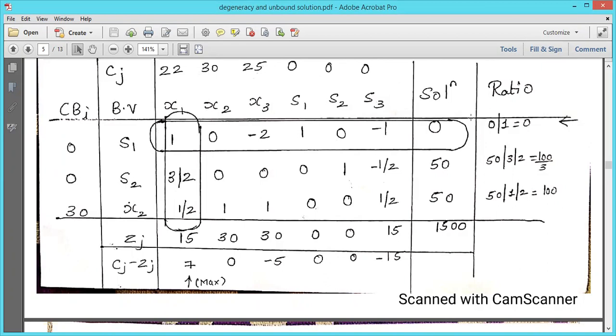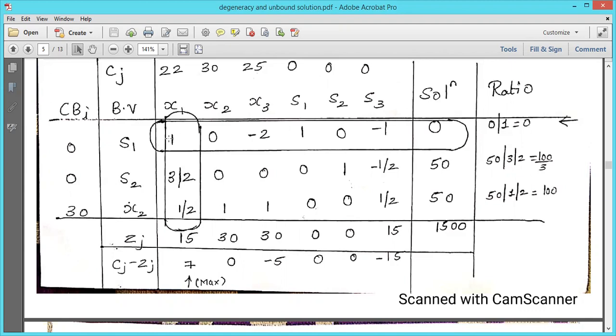These values will remain the same in the next iteration: 1, 0, minus 2, 1, 0, minus 1, 0. And this 3 by 2 and 1 by 2 we make 0. To make them 0, we perform row operations: R2 is equal to R2 minus 3 by 2 times R1, and R3 is equal to R3 minus 1 by 2 times R1.